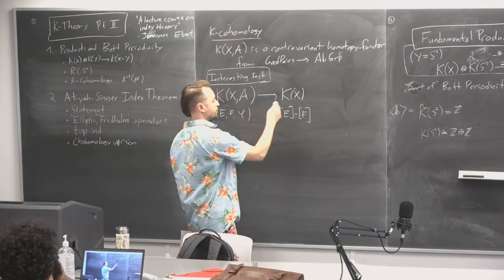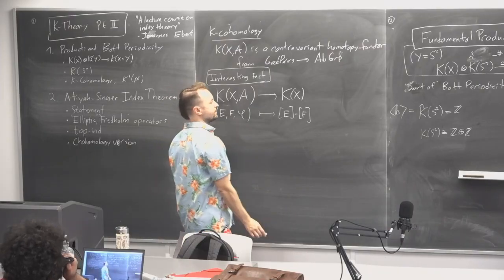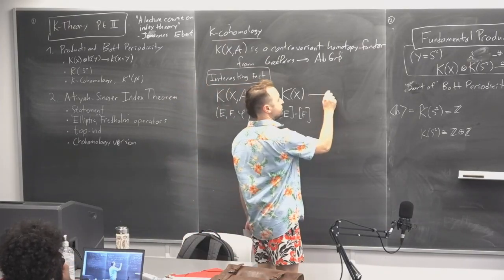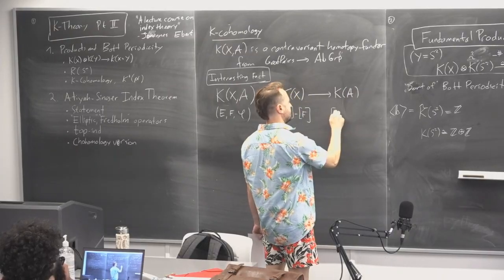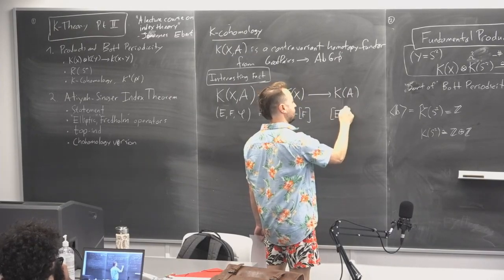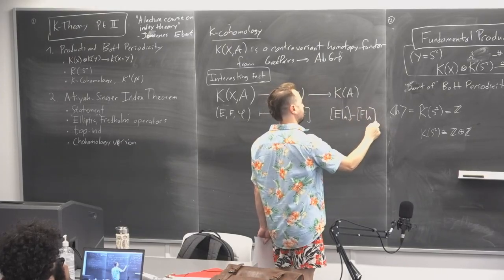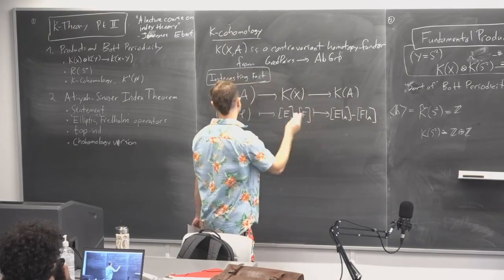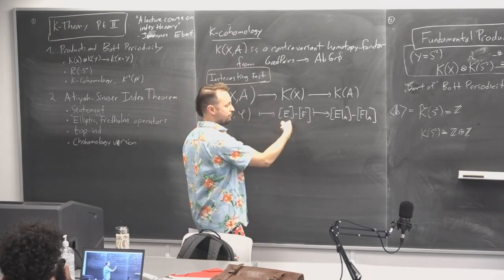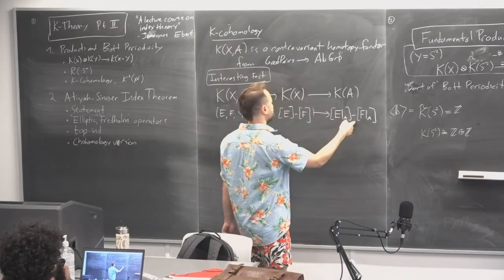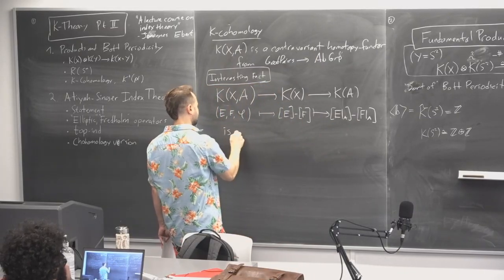This is a perfectly good bundle, or K-theory element in the K-theory of X. And you can pull it back to A as well. So you can take E restricted to A minus F restricted to A. Since you're coming from here, you're isomorphic over A, so this class is going to be 0. And the other way is true as well. So this is an exact sequence.